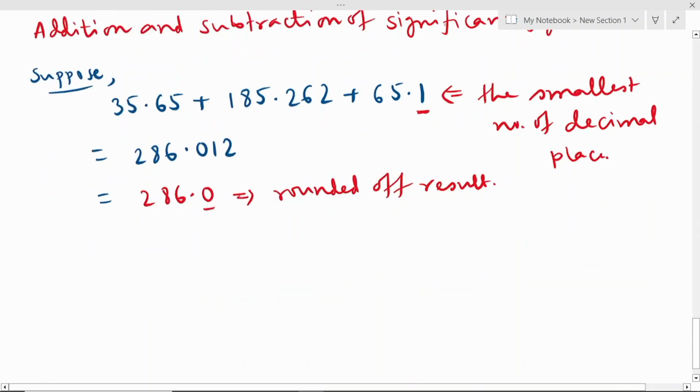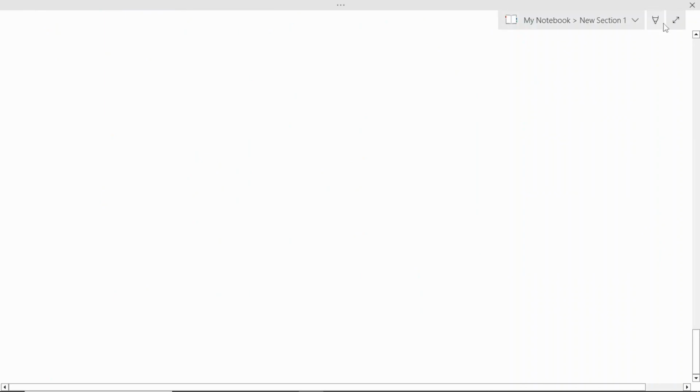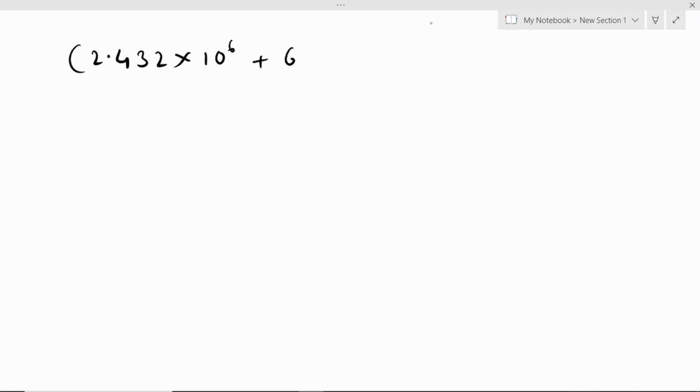Another example, suppose 2.432 times 10 to the power 6 plus 6.512 times 10 to the power 4 minus 1.227 times 10 to the power 5.